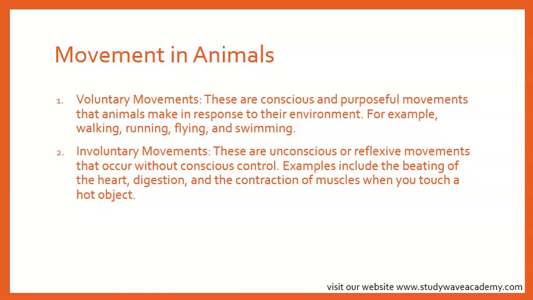Voluntary movements, these are conscious and purposeful movements that animals make in response to their environment. For example, walking, running, flying, and swimming. These are actions they choose to do consciously.